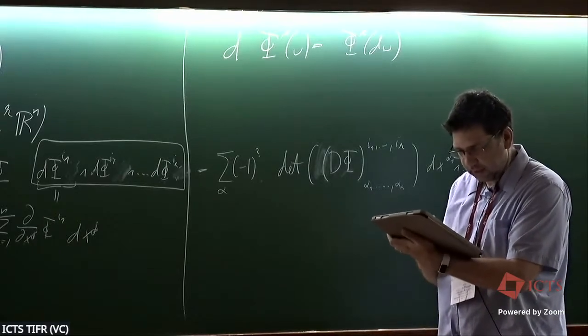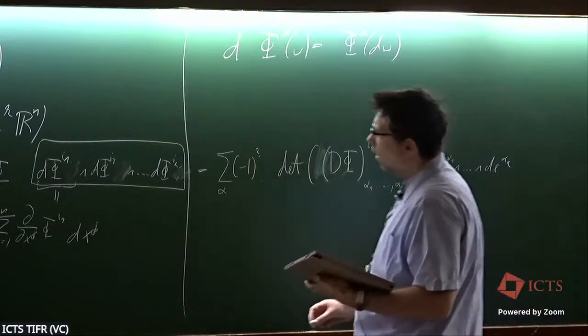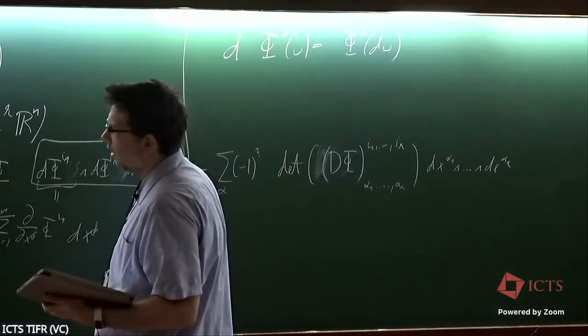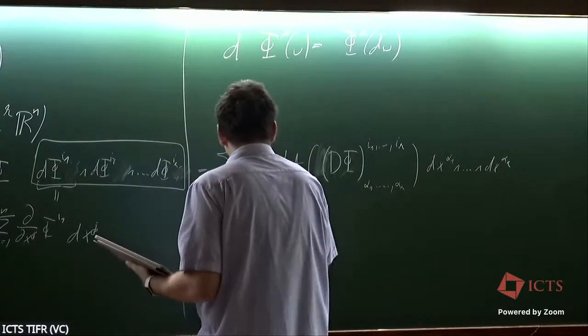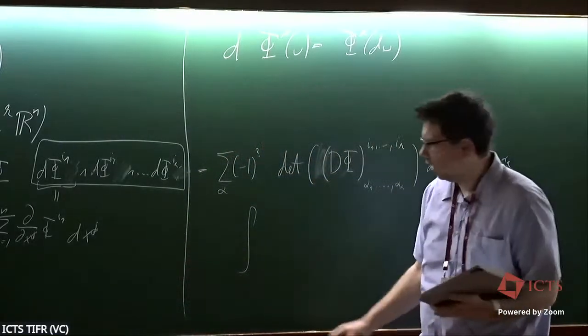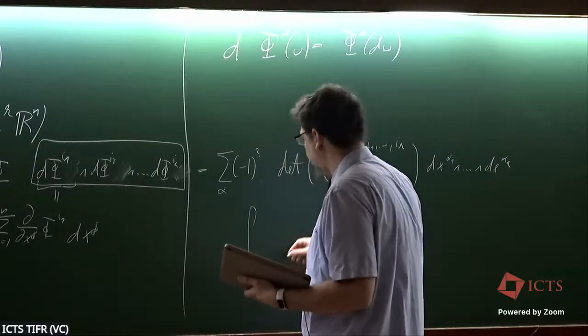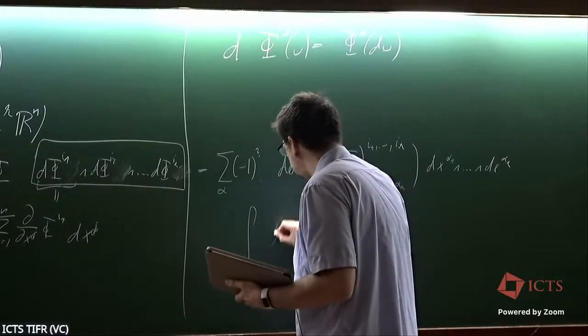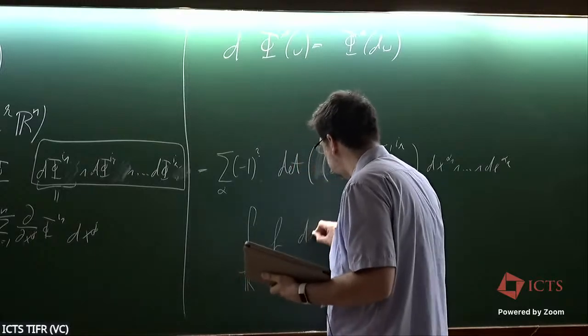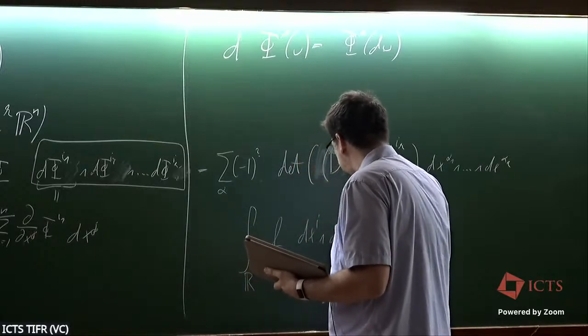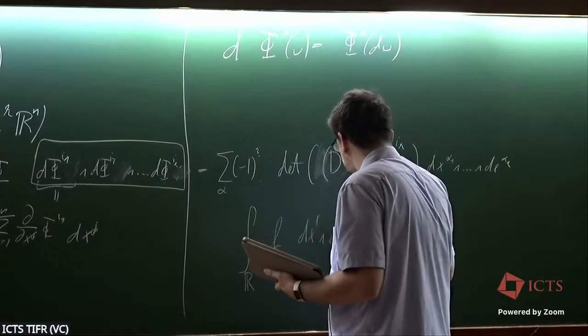All right, good. So we have this. And now, essentially, we just make an agreement, and the agreement is how to integrate differential forms. On R^n, we simply agree that a scalar is integrated, which essentially fixes an orientation.